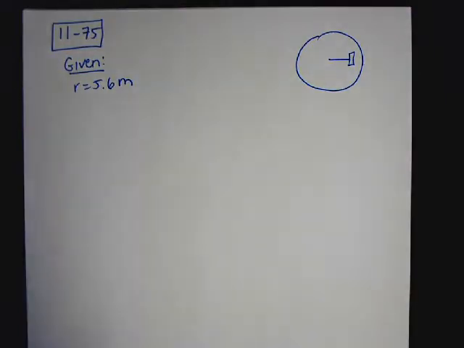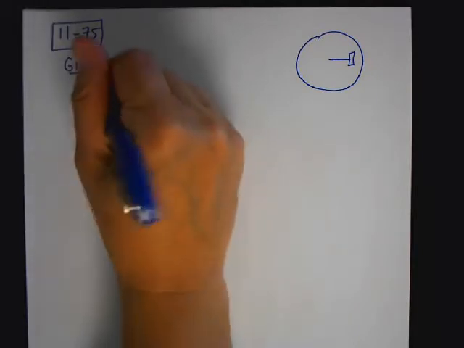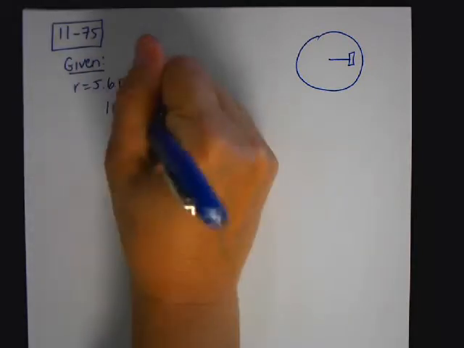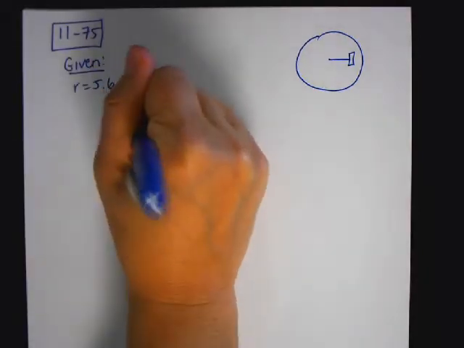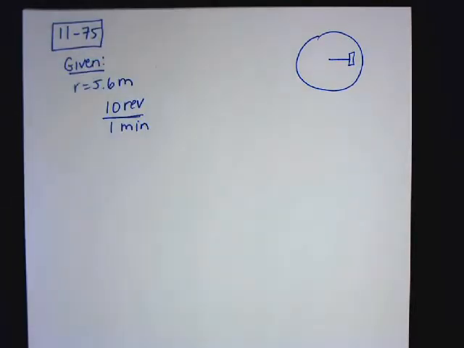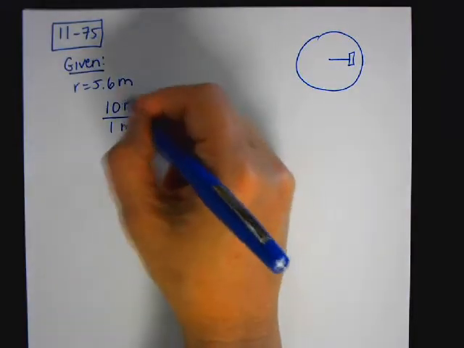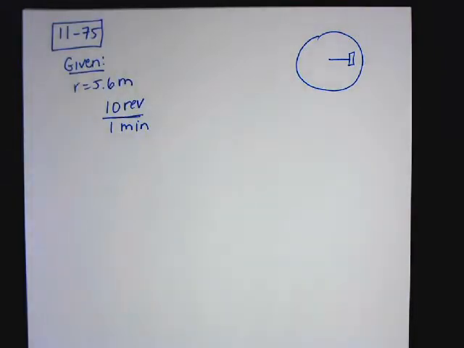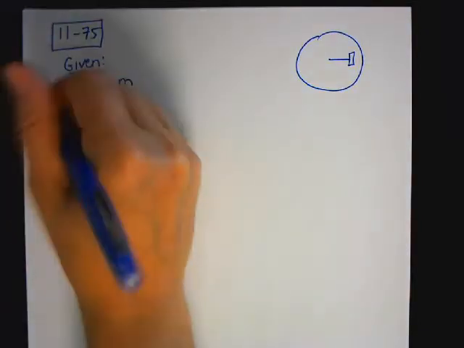So what I'm going to do is write what I'm reading: 10 revolutions per minute. Now remember that I'm always going to do a horizontal line like this. My revolution is not a unit. A revolution is a word that's describing what this object is doing. So that's actually the frequency.